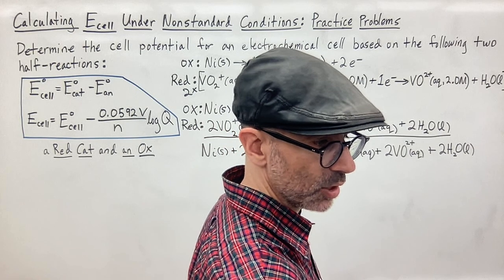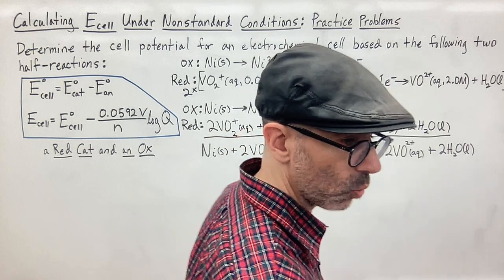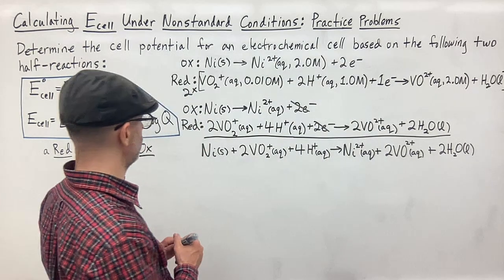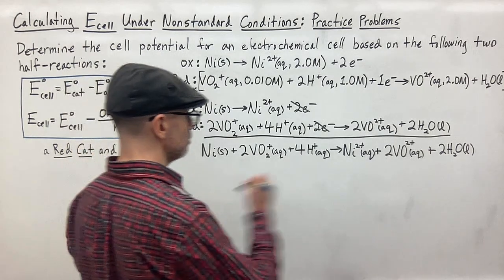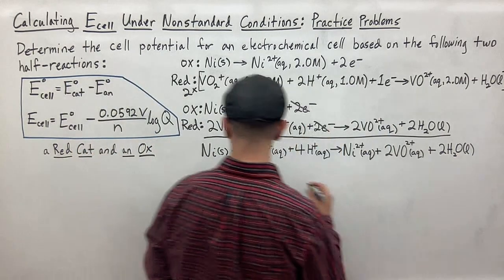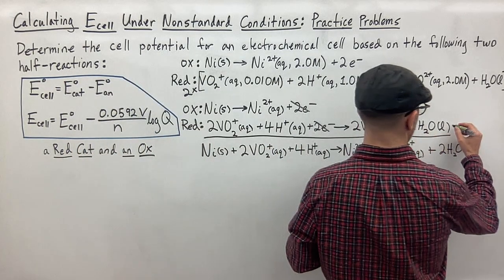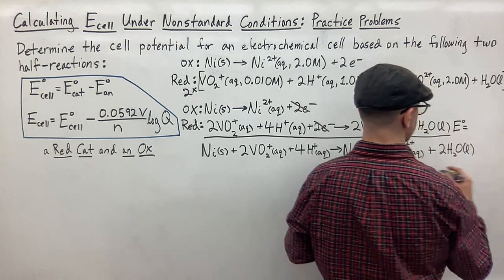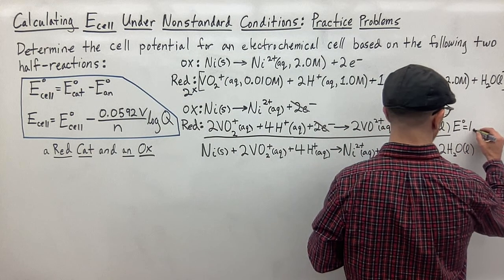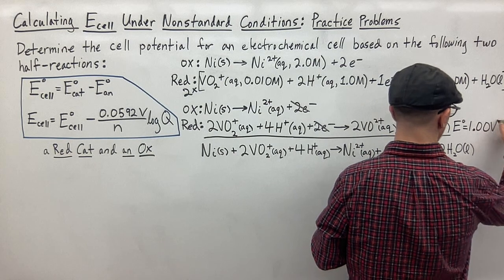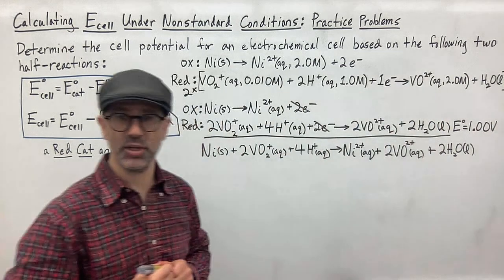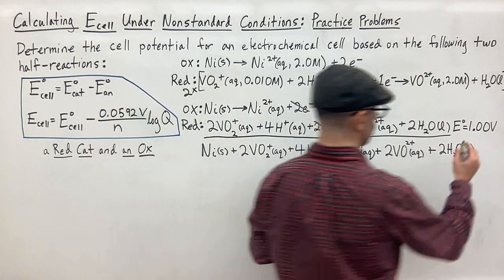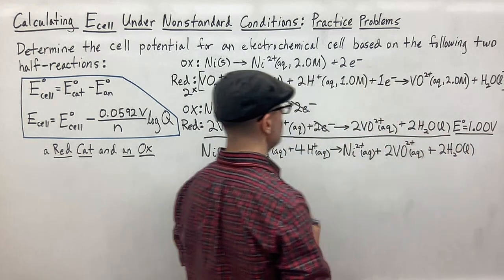So when you look up this one here, that's going to be 1.00. So the standard electrode potential for this one is 1.00 volts. That's a positive 1.00. So I'll underline that.